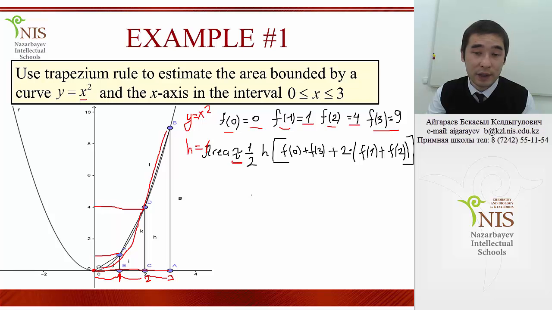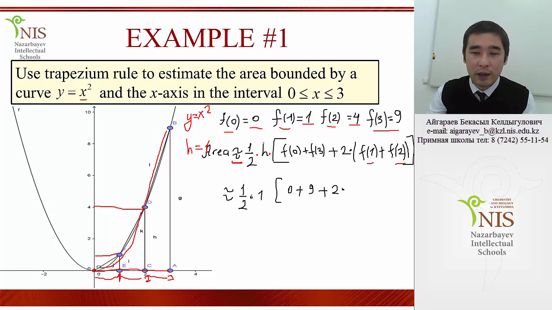Here you see it's an estimation. 1 over 2, because we take the averages, multiplied by h, our intervals, multiplied by f of 0 plus f of 3, as you can see, the first and the last height, and plus 2 multiplied by all other heights. Well, we have f of 1 and f of 2 right here.